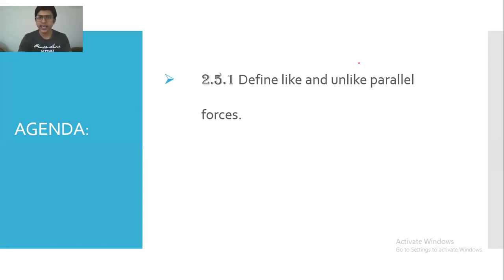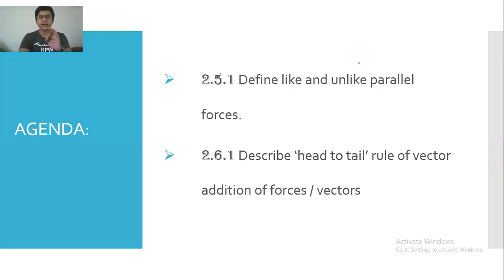And in the second SLO, we will be learning to describe the head to tail rule of vector addition of forces or vectors. Previously we have learned about vectors and seen that scalar quantities and vector quantities are two different quantities. For vector quantities, the rules for addition are not the same as for scalar quantities.